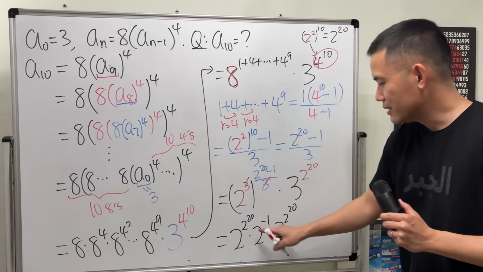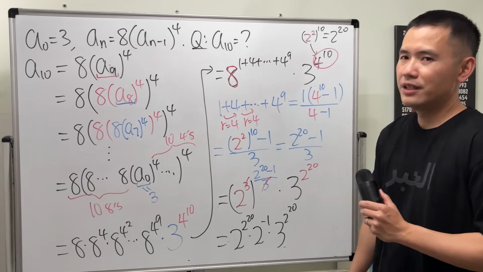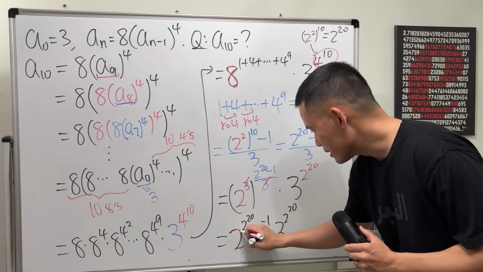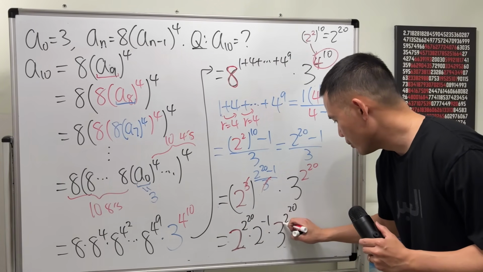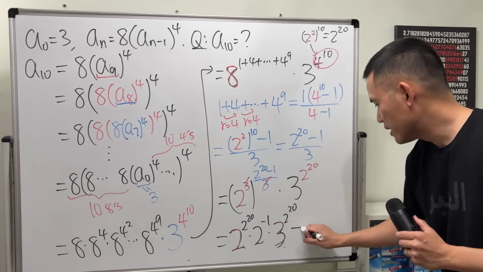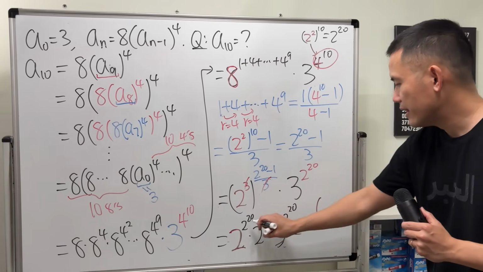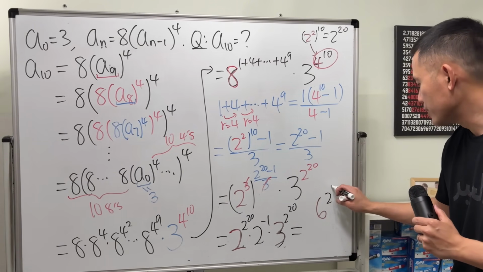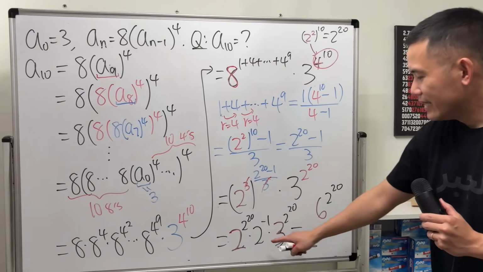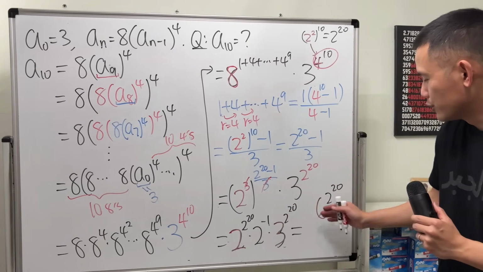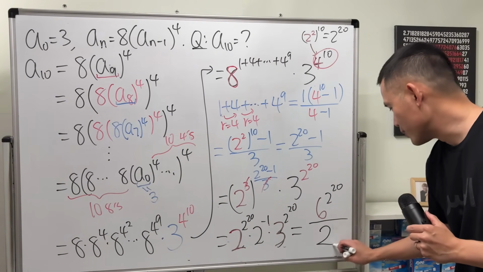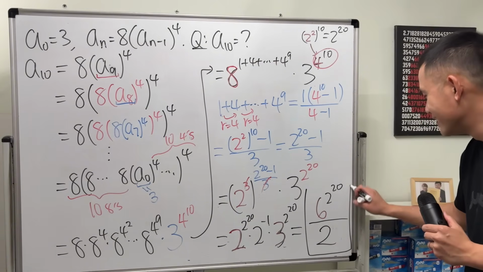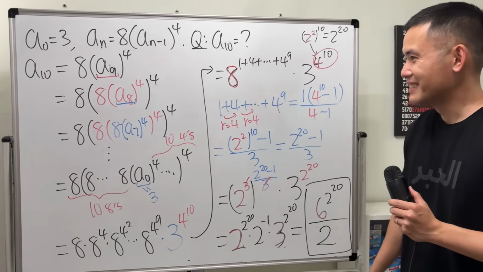Now you can see the beauty is that both of them have 2 to the 20th power. So what we can do is multiply the bases, 2 and 3, together, we get 6, and then you keep the power, 2 to the 20th power. And then 2 to the negative 1, you just bring that down to the bottom, so over 2. And this right here is the answer that I got.